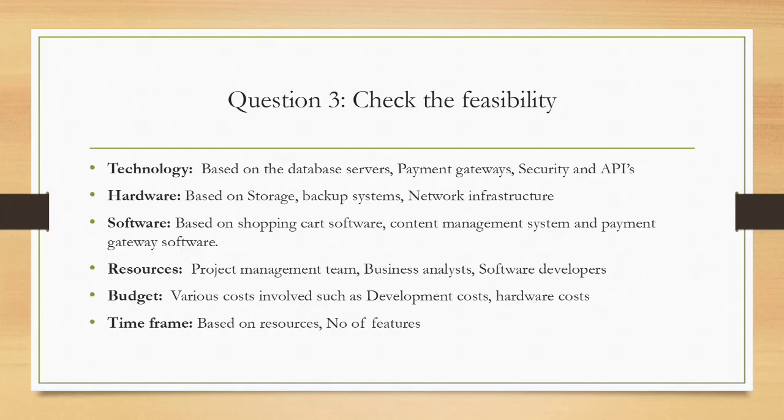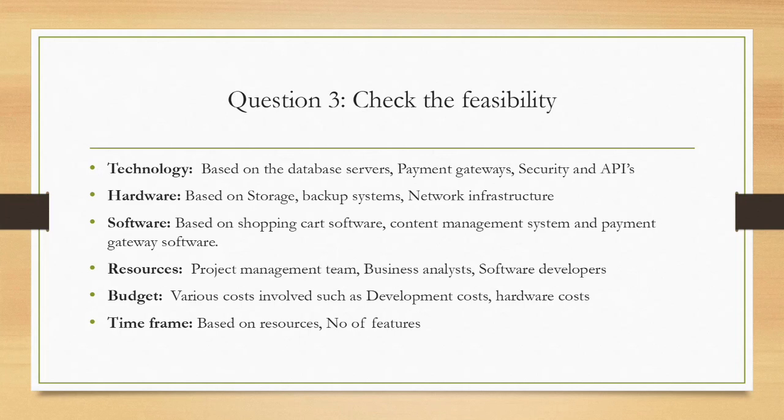So, according to your case study, you need to write down the feasibility check. What are the technologies you will be having, and the hardware, whether it is suitable or not, the software, and the resources. Like Java developers, you will be having one senior and three junior Java developers, two testing team, a network admin and a DB admin, and you will be acting as a business analyst.